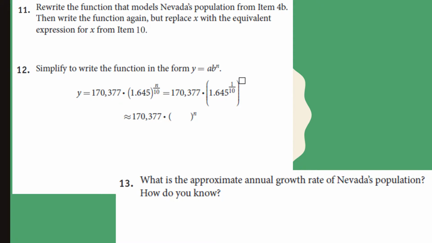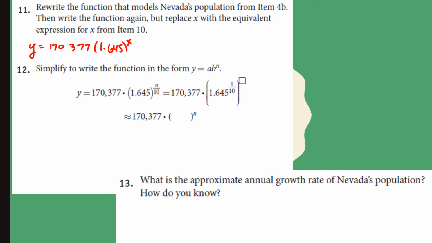Now we're going to rewrite the function that models Nevada's population, and then write it again, but replace x with the equivalent expression that we just came up with. So here's the original one: 170,377 times 1.645 to the x.